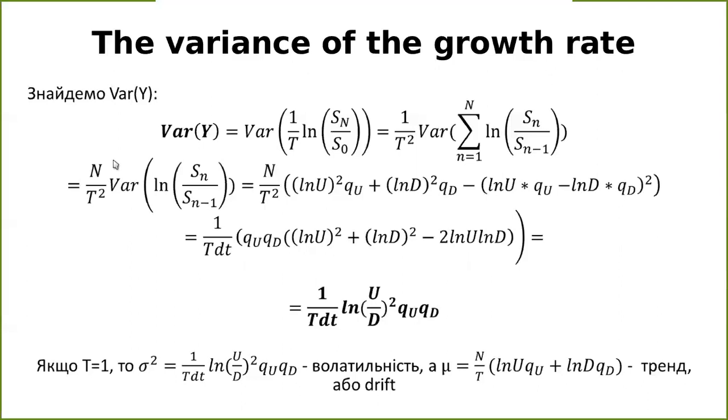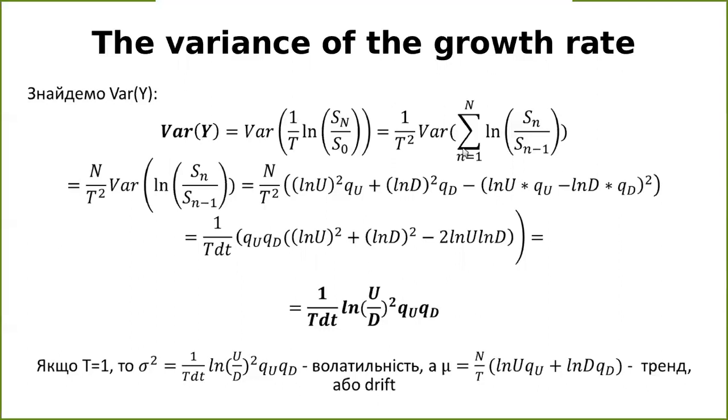After that, we should find the variance. It is very similar. We know that for the variance, a constant multiplied in the expression can be written squared before the variance, yes?